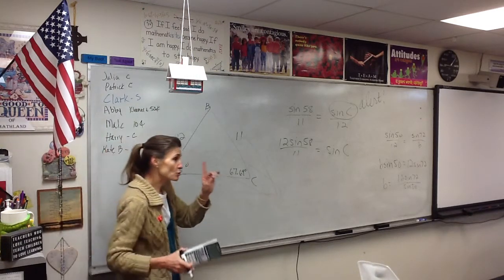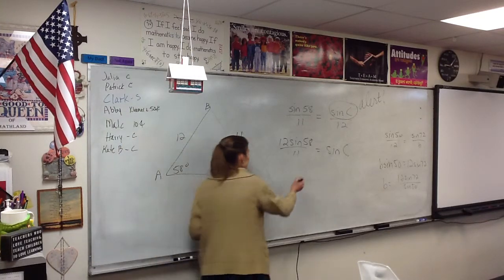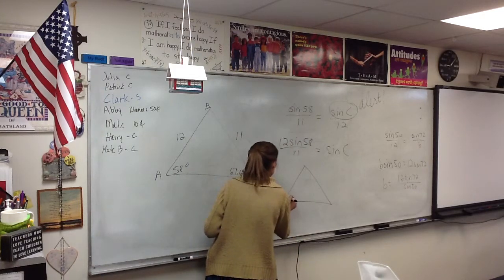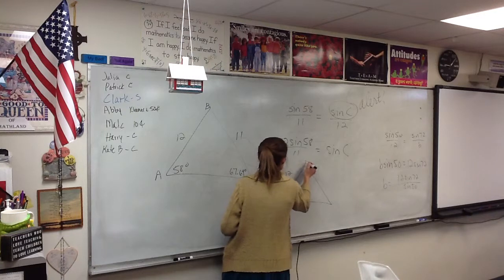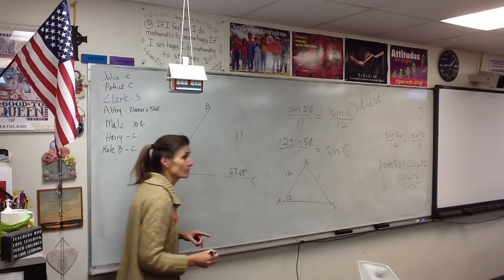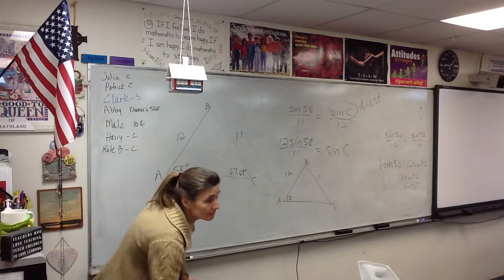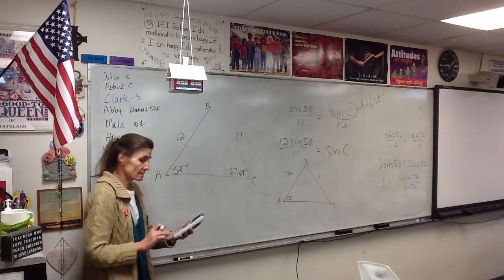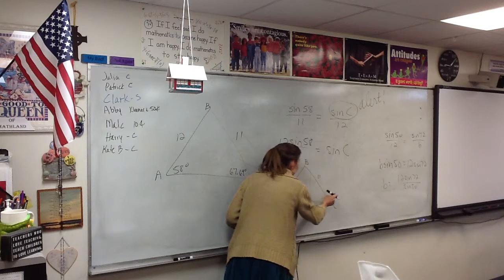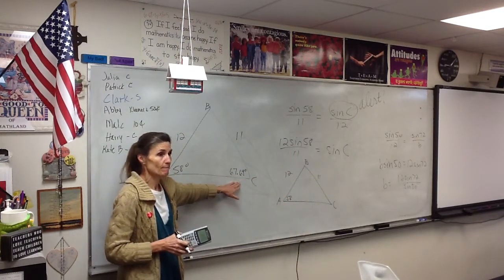Now, as soon as that happens, you're going to step over to the side and you're going to redraw the given information. And then you're going to say, there is potentially a second answer for angle C. One of the answers is right here, and it is good.